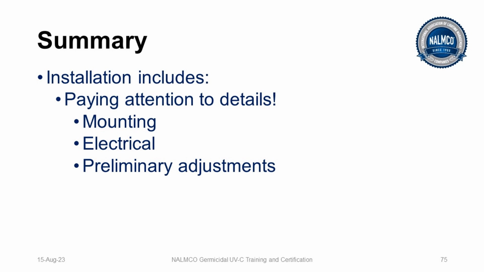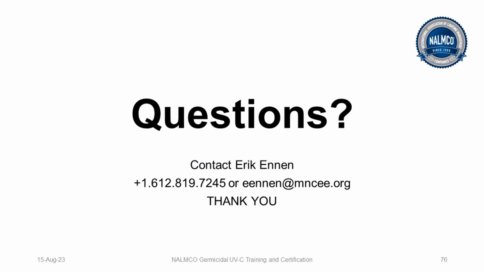The critical parameters, there are many more, are mounting of the UVC luminaires, electrical connection of the UVC luminaires, and the preliminary adjustments of the UVC luminaires. During the practical exercise, you'll get to not necessarily do mounting or electrical work, though we'll show you mounting and electrical work, but we're going to talk about how to do preliminary adjustments.